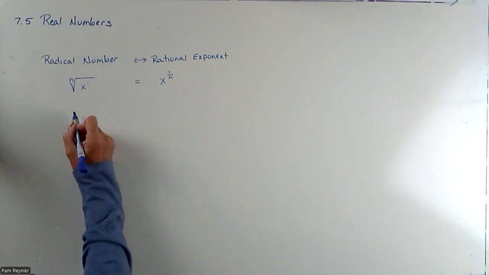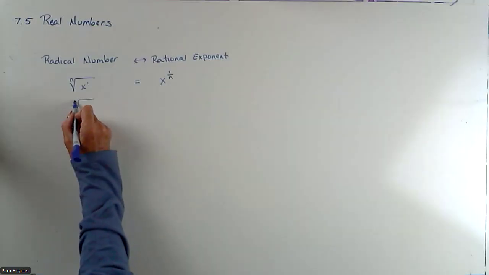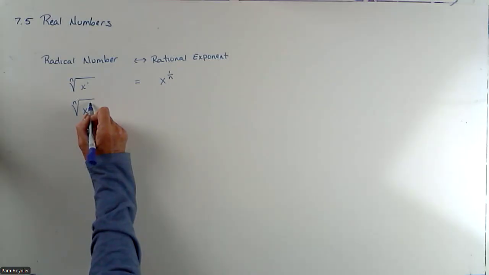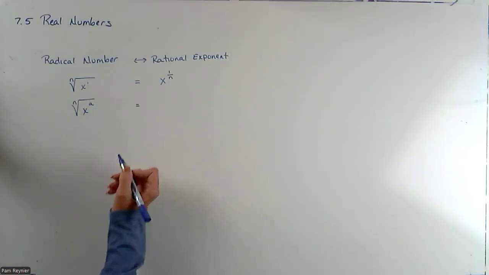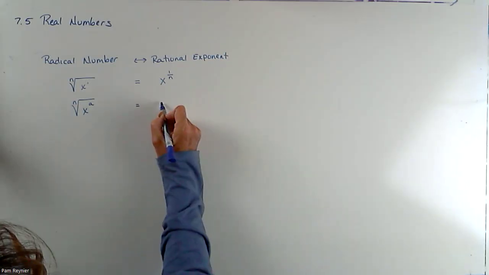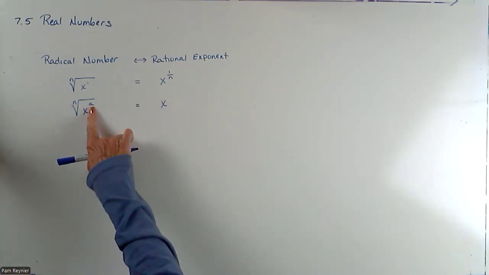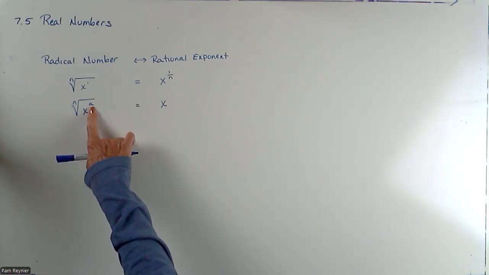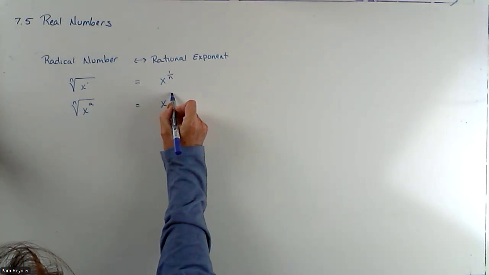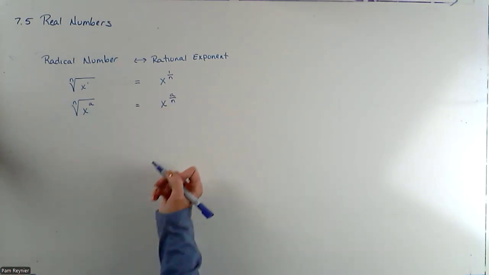So let me do it again. Let's say we have some natural number, and this is x raised to the a power. Then this is the same as our base x, whatever power of the x is the numerator, whatever our index number is the denominator, a over n.